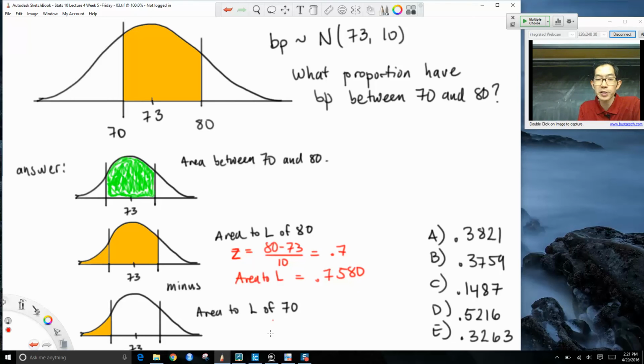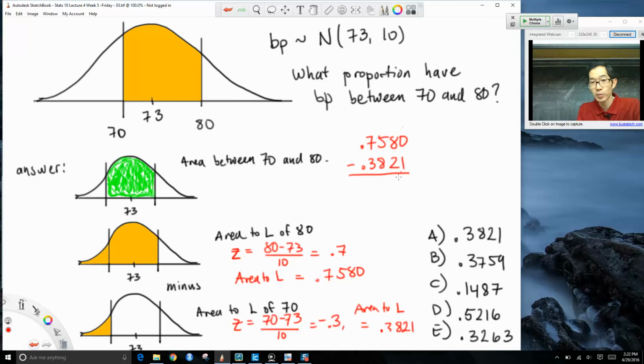Okay, area to the left of 70, z is equal to 70 minus 73 over 10. We get a z-score of negative 0.3. And then the area to the left is equal to 0.3821 when we look that up in the table. Okay? And so the area between 70 and 80 is going to be 0.7580 minus 0.3821.